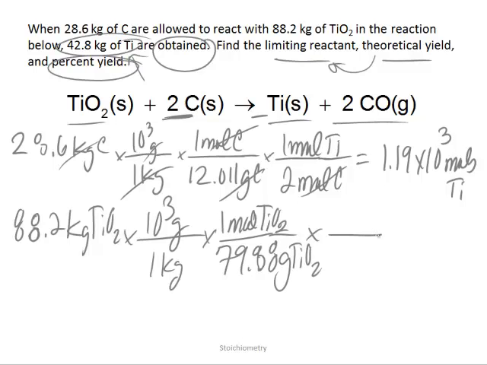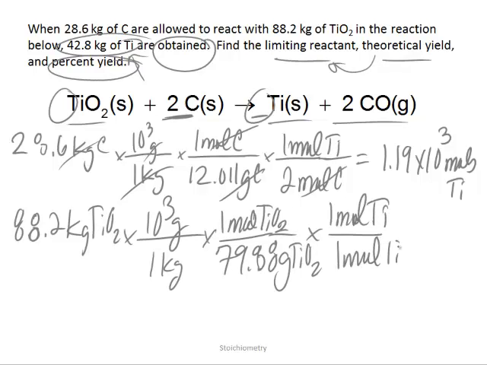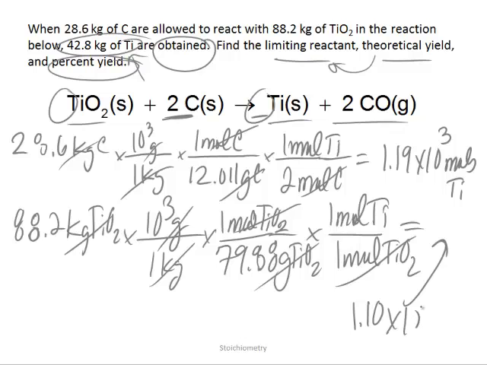And then we can look to our balanced chemical equation and realize that 1 mole of titanium oxide will produce 1 mole of titanium. And so moles of titanium oxide cancel out, grams cancel out, kilograms cancel out, and this will give us 1.10 times 10^3 moles of titanium.